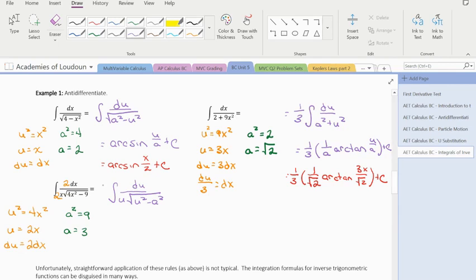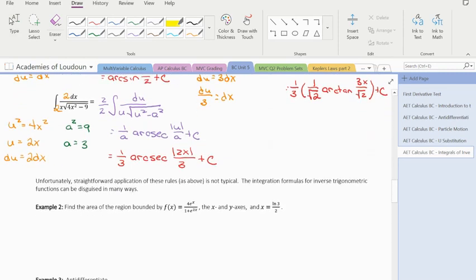And I'm going to go ahead and put this 2 over 2 on the outside so that it does match. Now this becomes 1 over a, the arcsecant of the absolute value of u over a plus c. So plugging everything in, we have 1/3 arcsecant, the absolute value of 2x over 3 plus c.